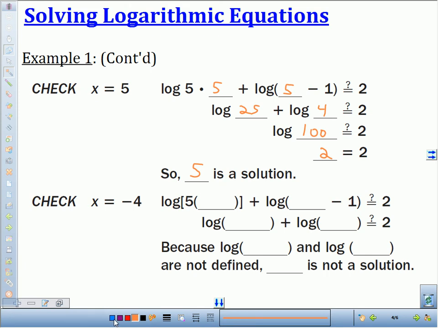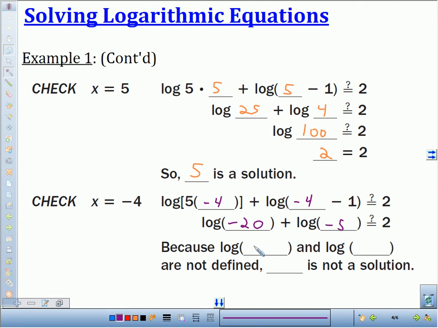So let's try negative 4. Just because 5 worked doesn't mean negative 4 will work. We need to check both of them. So we're going to plug in negative 4 into both of these. Now, 5 times negative 4 is negative 20. Negative 4 minus 1 is negative 5.